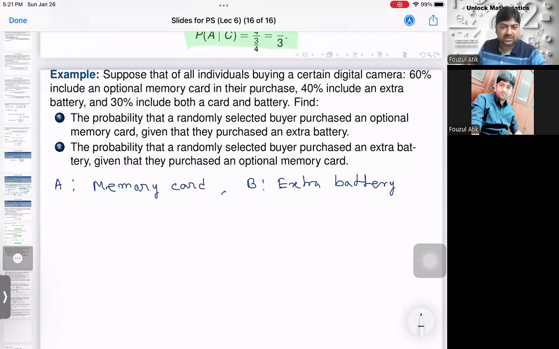Then what is given? What is the probability of A? It is given that 60% include an optional memory card. So it is 60 by 100, which is equal to 0.6.